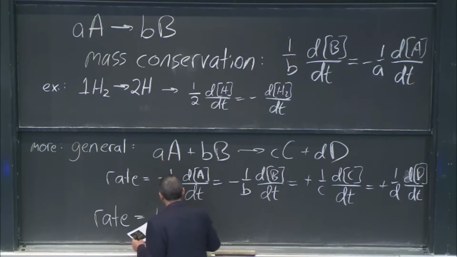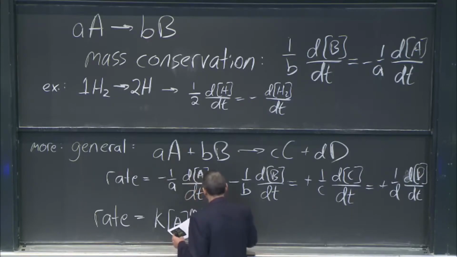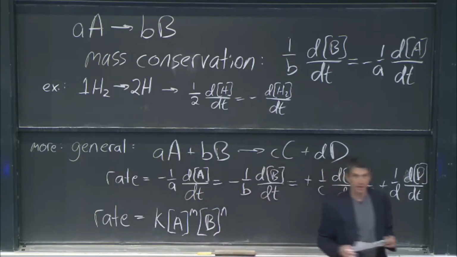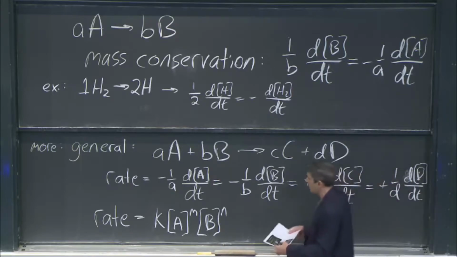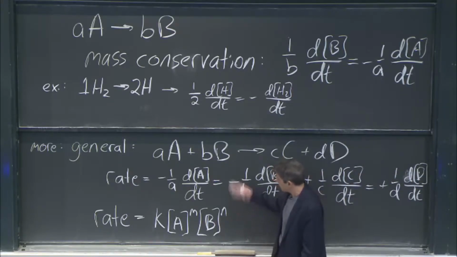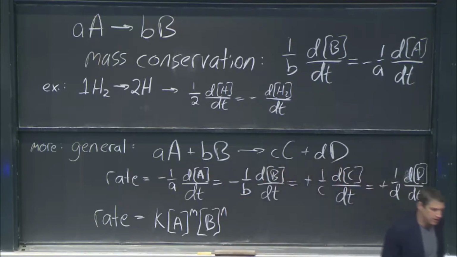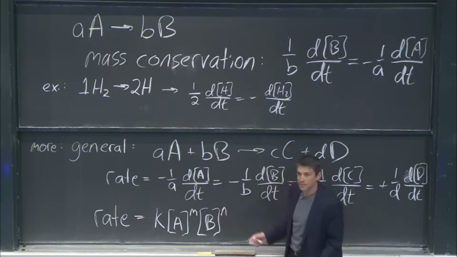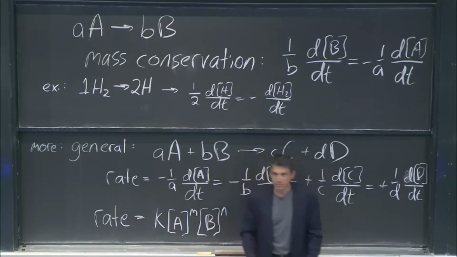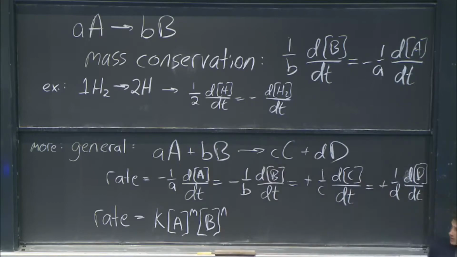So K times the concentration of A to the M times the concentration of B to the N. Now, we don't know what these are, but there's got to be a way, if I do some experiments, maybe I could come up with a general function that depends on just the concentrations, wherever they are, of A and B. They're going to be raised to some exponent that I don't know yet, and they're going to have some constant. That's a rate law.